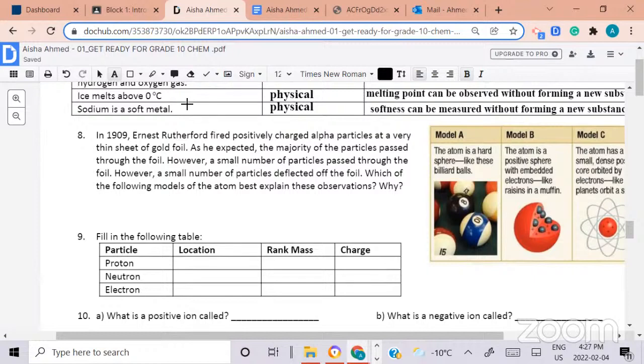Which of the following models of the atom best explain these observations? Why? First, cross out the other however sentence because it's really bad. Just cross out the first one.